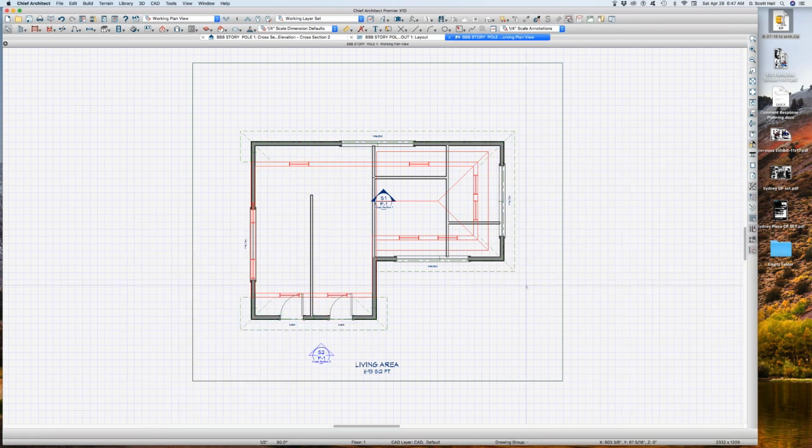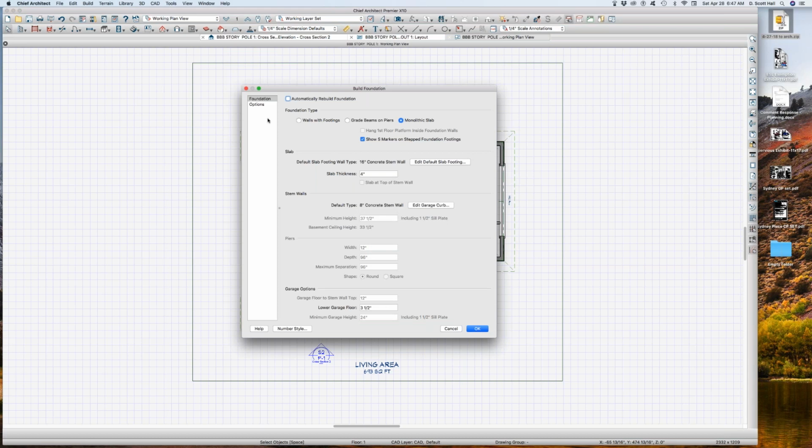Okay. So now I'm going to rebuild. Is it rebuild? Build foundation? Is that what I'm supposed to do? I do things a little differently. Build foundation automatically. Oh, there we go.